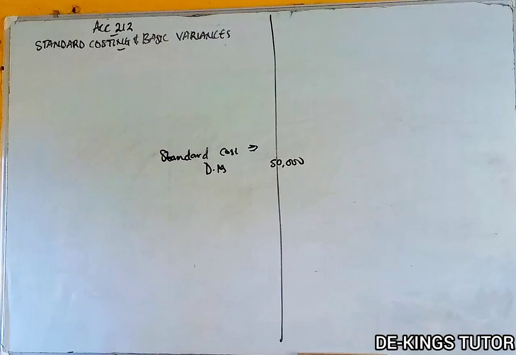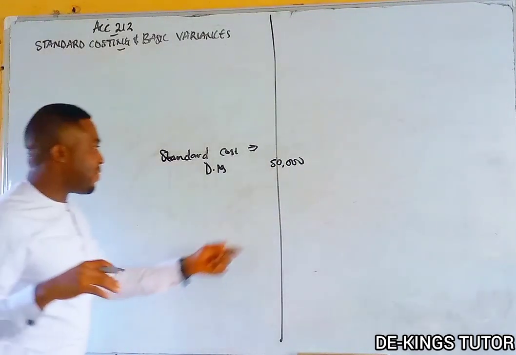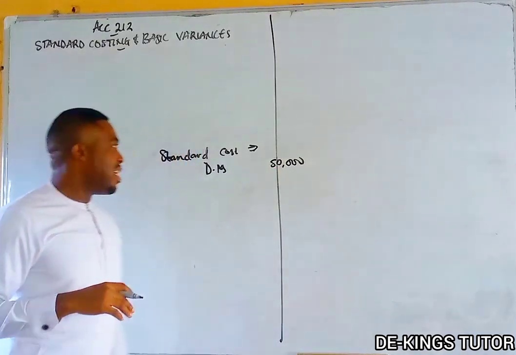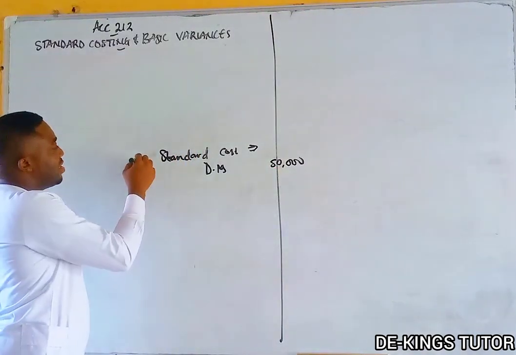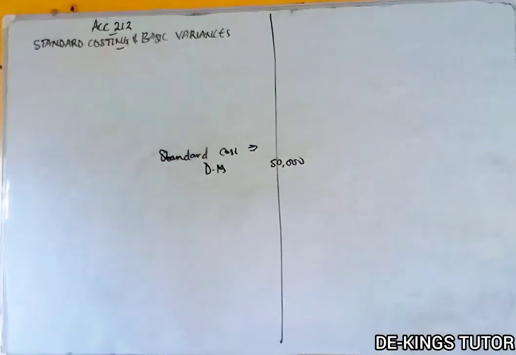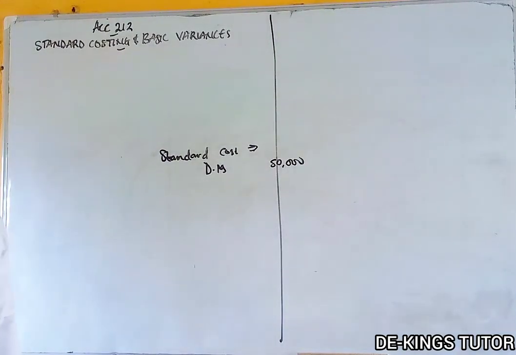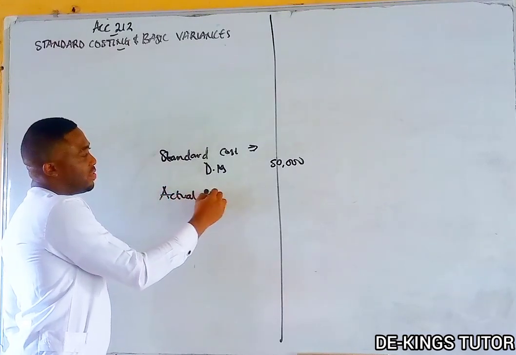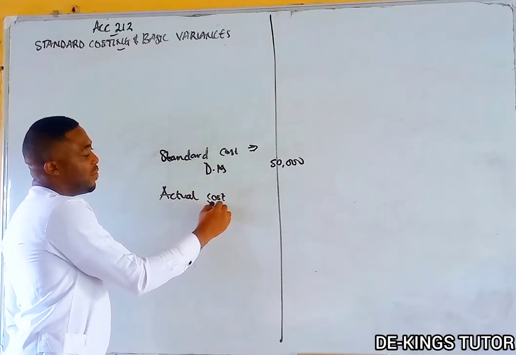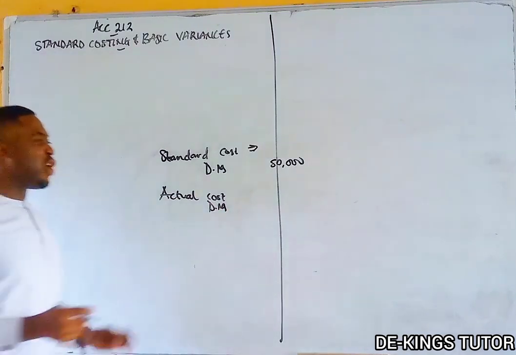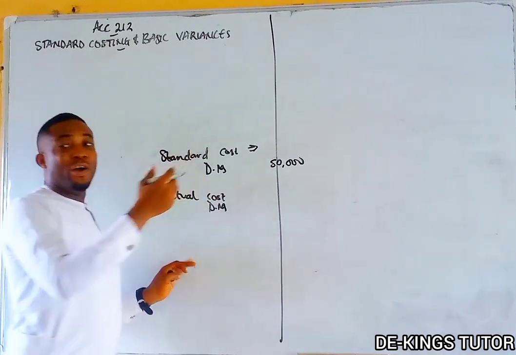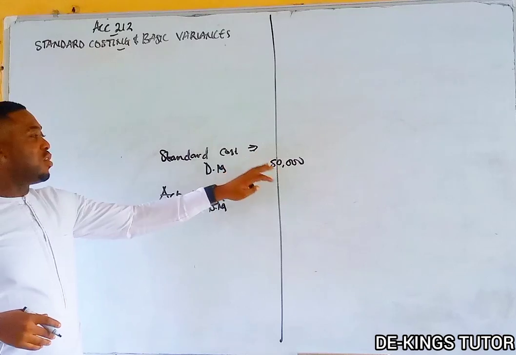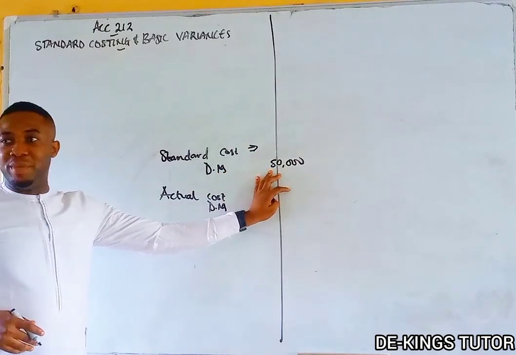It means they have a predetermined cost. This is what they want to spend for direct material. And during the year, while they start incurring expense, this is actual now, for direct material, they might incur either higher or lesser than what they predetermined or budgeted.